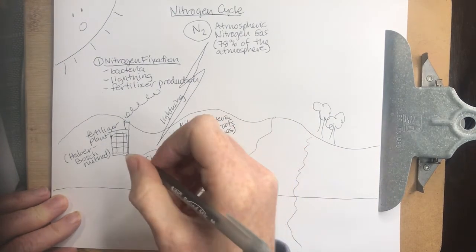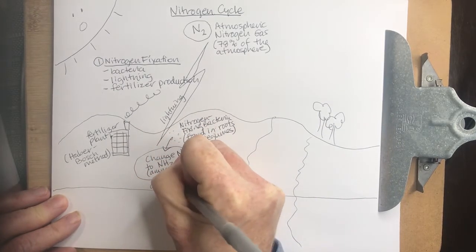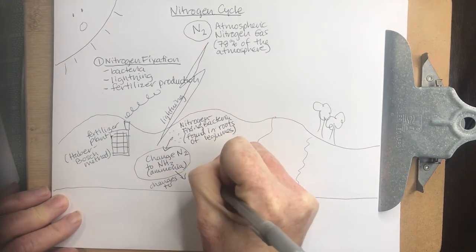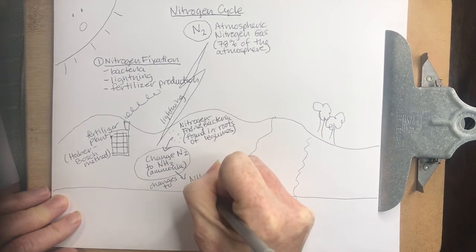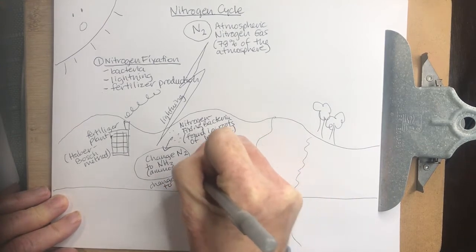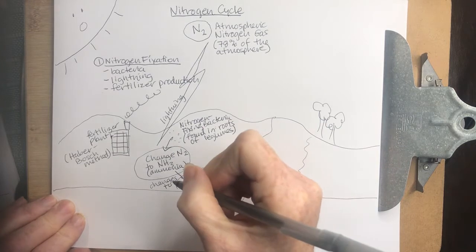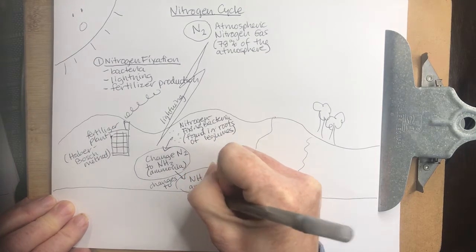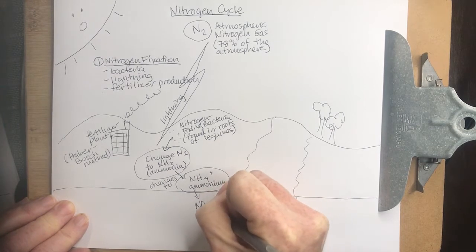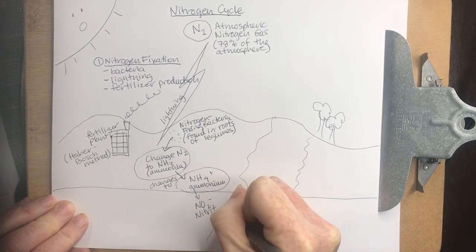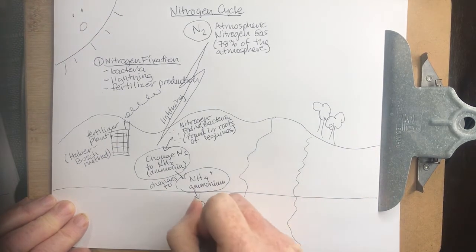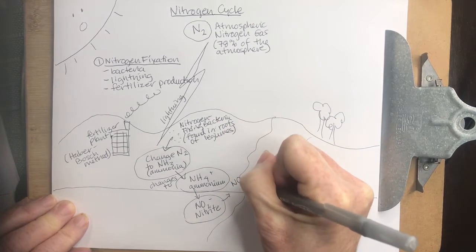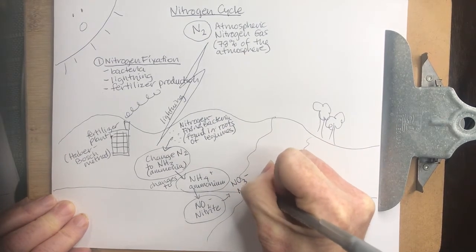So the ammonia is then changed to a chemical formula NH4+, which is ammonium, and then it's converted into a chemical compound NO2, which is nitrite, and eventually converted into NO3, which is nitrate.